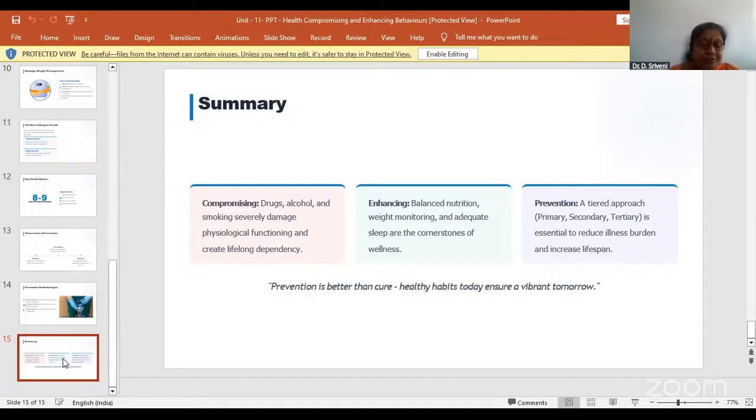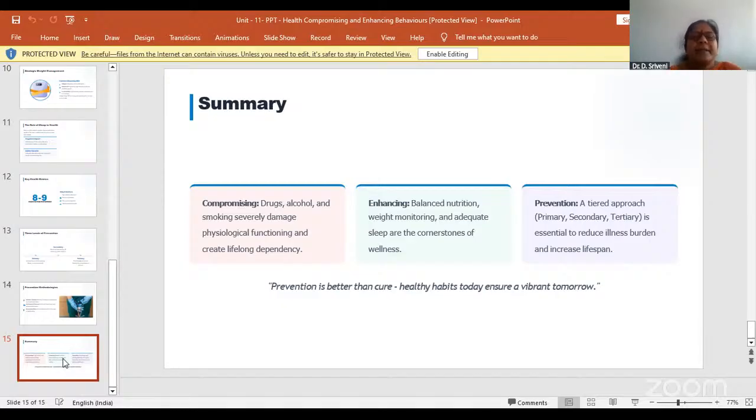This internal shift is the essence of health promotion. It moves the focus away from simply treating illness towards actively cultivating a lifestyle that prevents diseases and enhances the overall joy and quality of life of the patients.